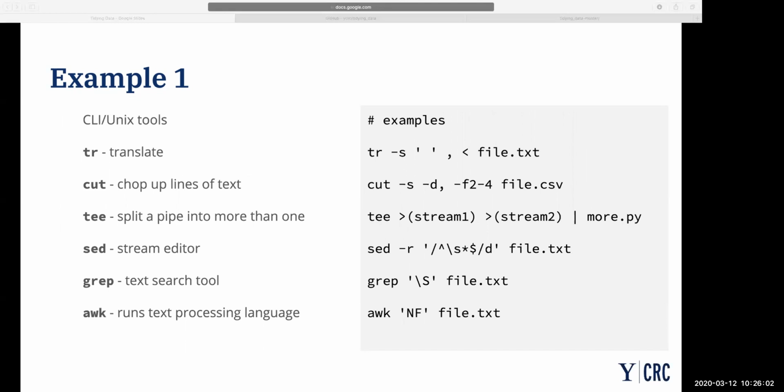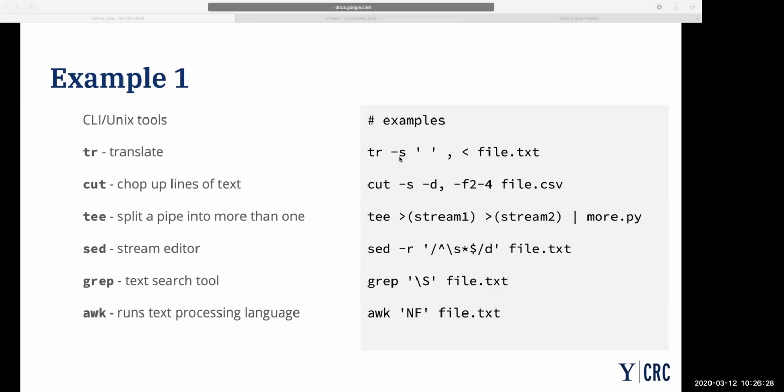And the example I have here will take a file that is directed to it. Let's see. Can people see my cursor when I move it in front? Okay, cool. So if I wanted to do something to this file that's called file.txt, I can redirect it with this symbol to the translate command.